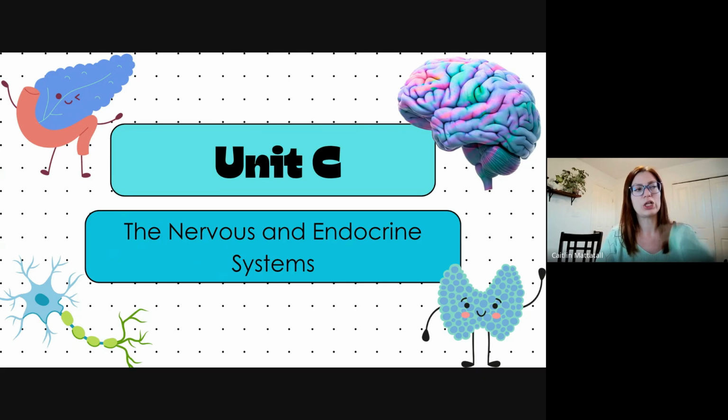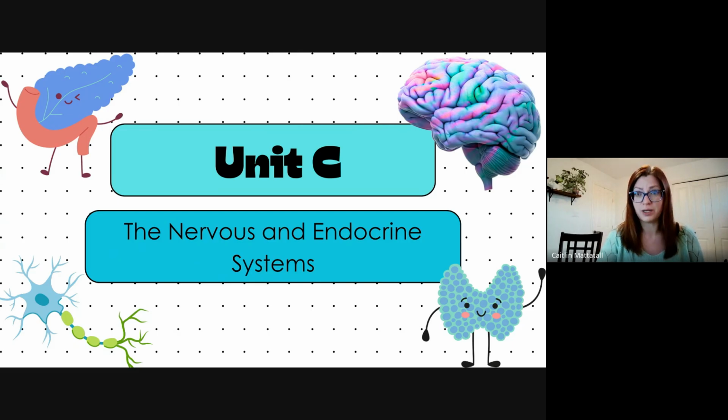So again, looking at the structure of the nervous system, we're going to look at the neurons, which are our brain cells, and the structures of those neurons and how they actually work. And we are going to look at reflexes and a reflex arc and kind of just set up our understanding of the nervous system before we move into learning about how your neurons actually talk to each other.